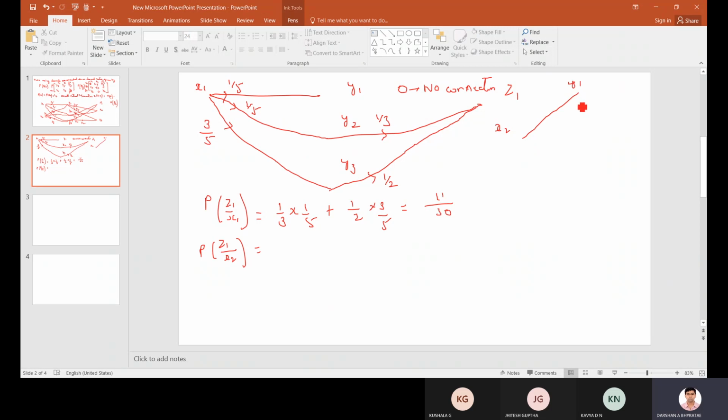Let me take Y1, with conditional probability 1 by 3. And again this is Z2 here, with probability 3 by 5.